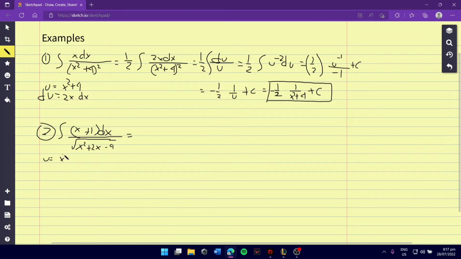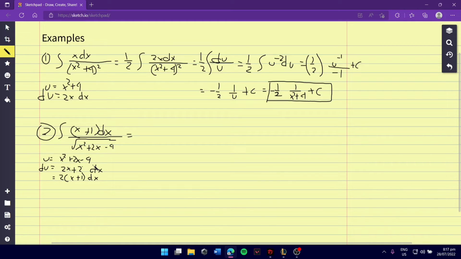So u is x squared plus 2x minus 4. Next, the derivative of u is 2x plus 2 times dx. We'll factor out 2 since it is common in both terms. So this will become 2 times x plus 1, then add your dx.